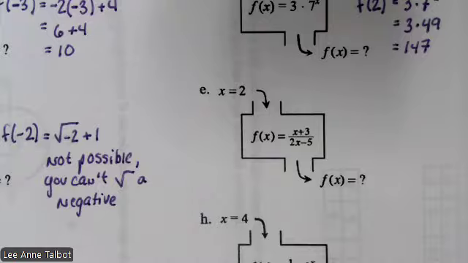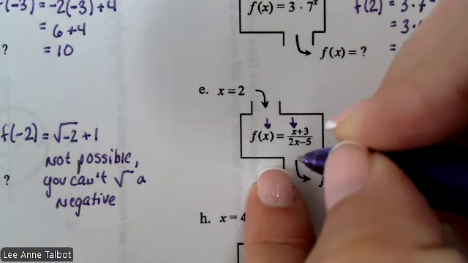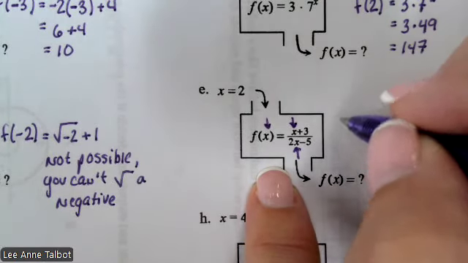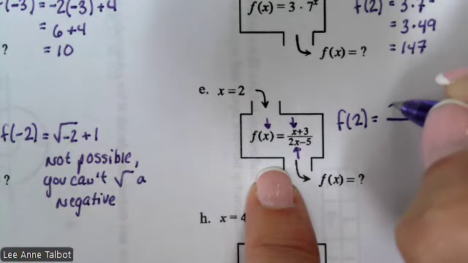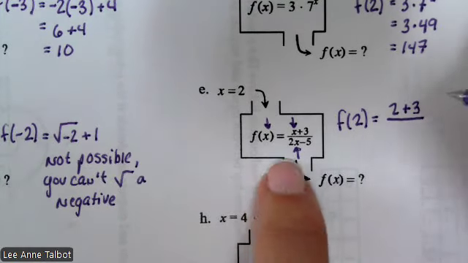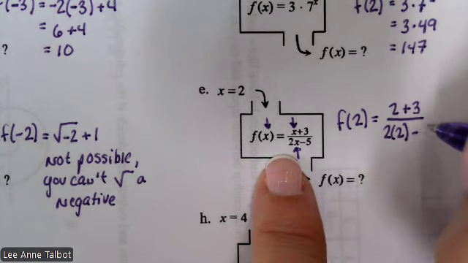E. I'm going to plug 2 in here, here, and here. So f of 2 equals 2 plus 3 over 2 times 2 minus 5.